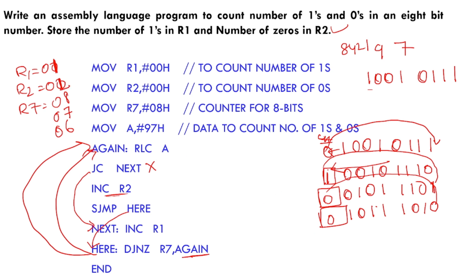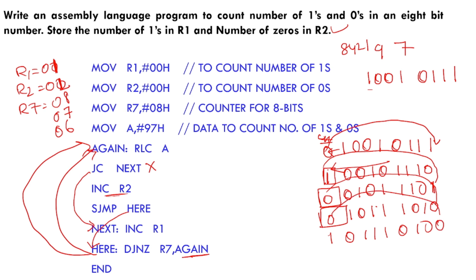Similarly, it will count for upcoming values, right? So the next value, how will it come? Again, what happened? This one will come here and 0 1 1 1 0 1 0. What is the carry? The carry was 0. Again, this is the carry, right?